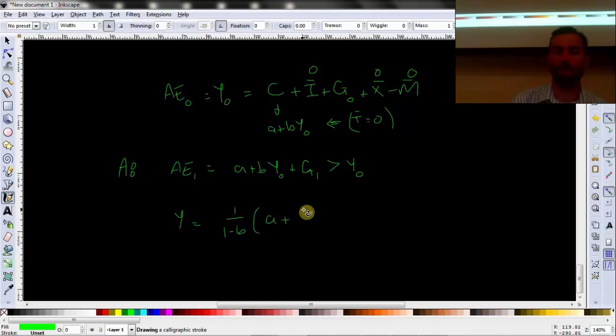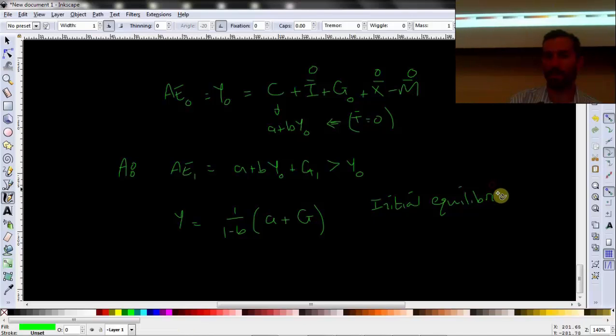We've only got two autonomous components, A and G. Our initial equilibrium was Y0 equal to 1 over 1 minus b times A plus G0.